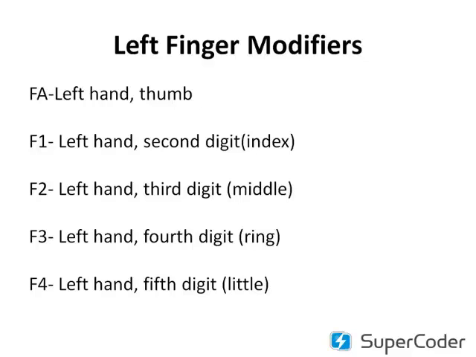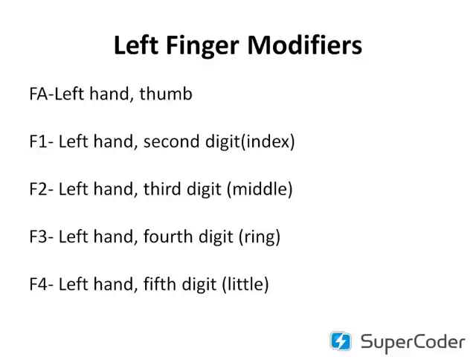What I have gone ahead and done is added in parentheses after each one what else they can be called. For instance, the 2nd digit is also the index finger. I normally see the providers documenting, they don't call them the 2nd, 3rd, or 4th digits. They use index, middle, ring, or little. And so I've given you that information here.